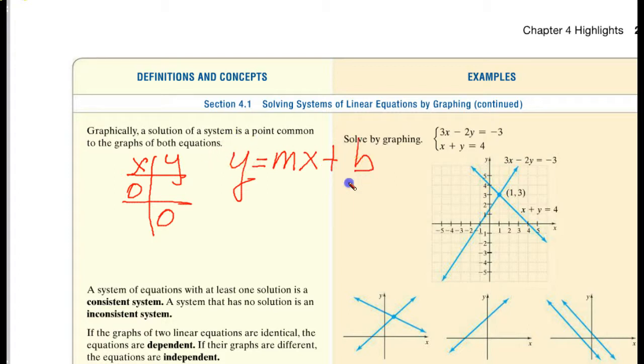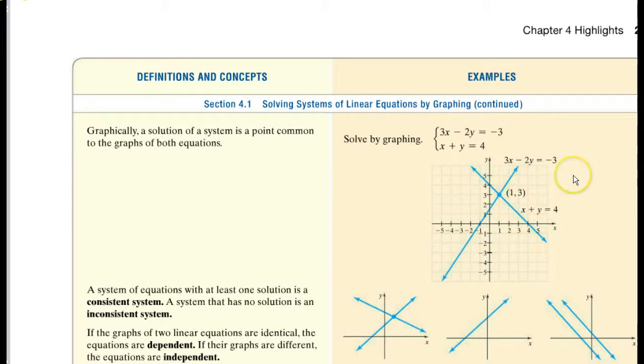And then we would plot our y-intercept and we would plot our slope. And again, we're looking for points of intersection, in this case, a unique one, which is (1, 3). This would be a solution for both of these equations. And the method we're using here is graphing. So in a sense, we're solving these equations simultaneously.